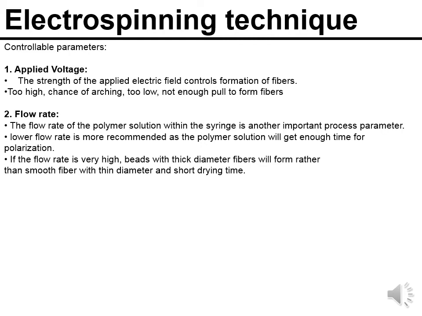A lower flow rate is recommended so the polymer solution has enough time for polarization, while if the flow rate is very high, beads are formed with a thick diameter fiber rather than a smooth fiber.